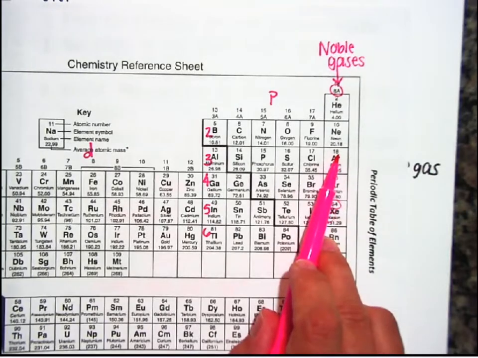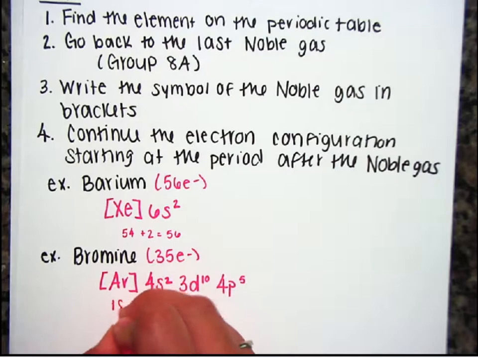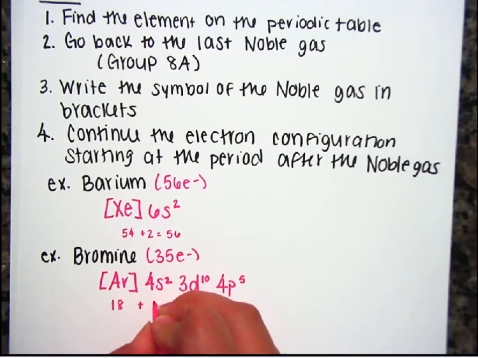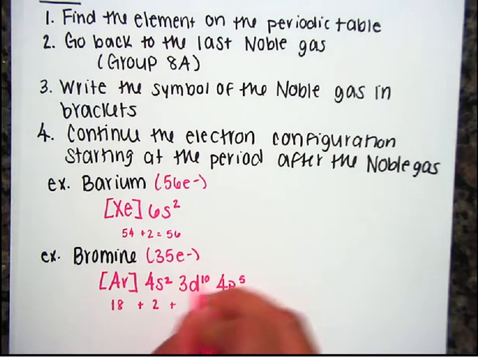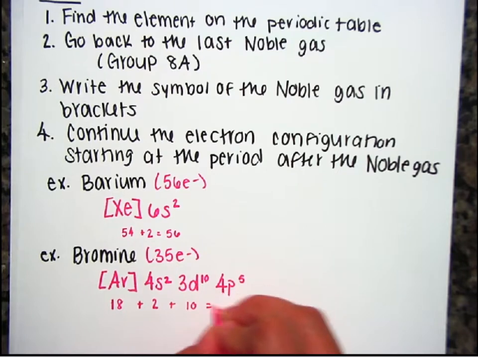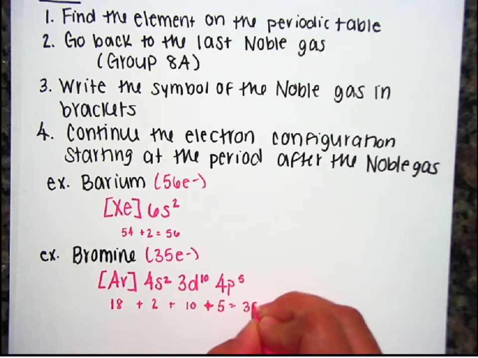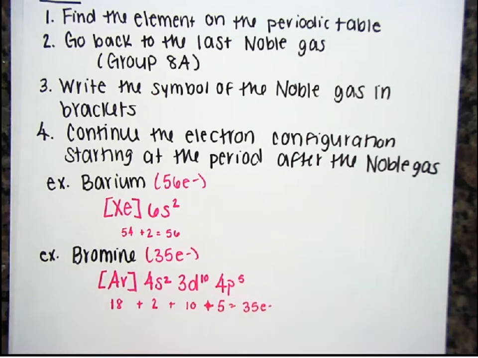Argon, atomic number 18. It has 18 electrons. Plus 2 in the 4s orbital gives me 20. Plus 10 electrons in the 3d gives me 30. 5 electrons in 4p gets me to my 35 electrons.